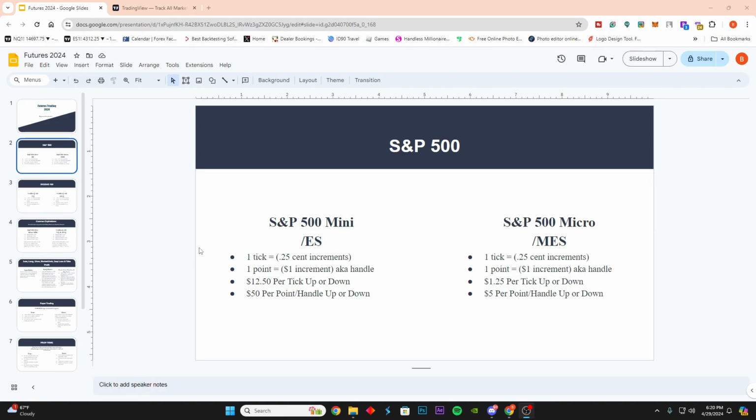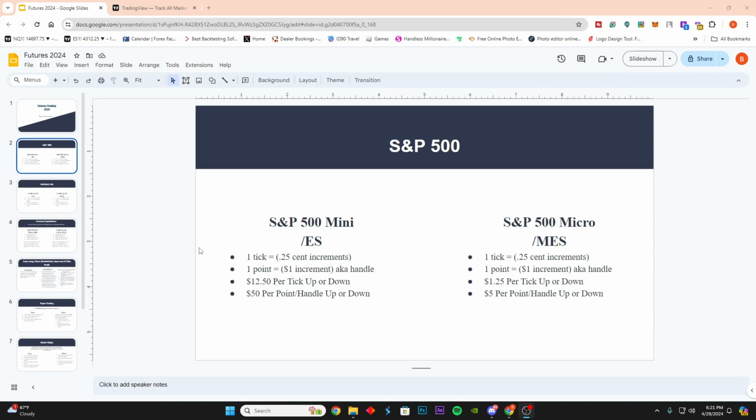Getting into it, the two most common futures contracts you're going to see are the index futures, which are the S&P 500, as well as the NASDAQ 100, which we will get to on the next slide. There are a lot more futures contracts out there, such as gold, rice, wheat, corn. I won't be going over those in today's video, but I would definitely recommend looking into them.